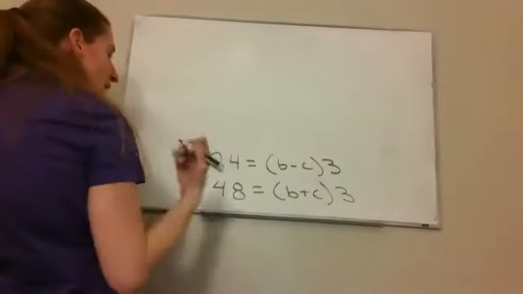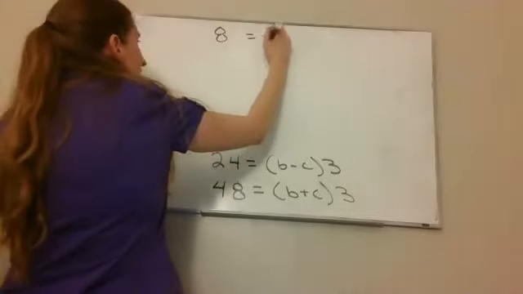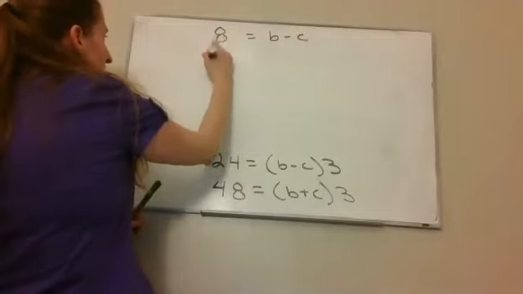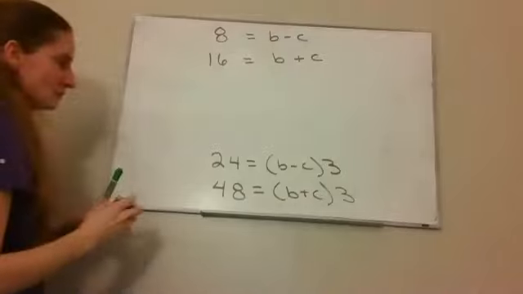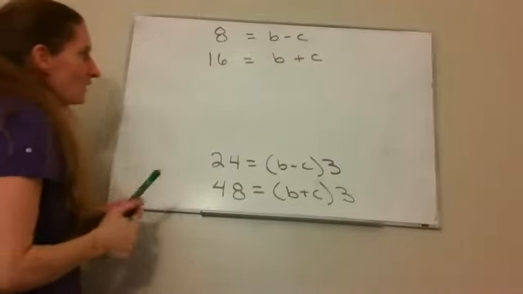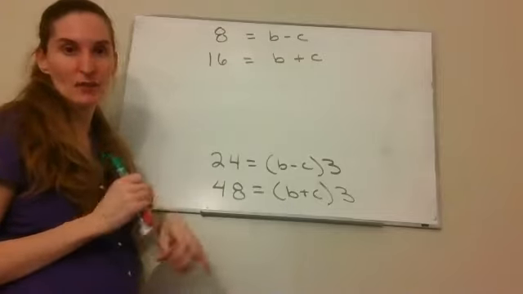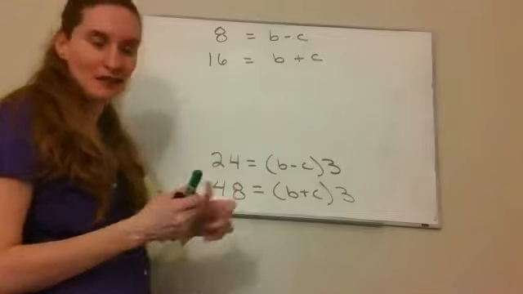So if I divide both of my equations by 3, I get 8 is B minus C, and I get 16 is B plus C. Now, this is already set up beautifully for the elimination or addition method, because notice I already have opposite coefficients on my C's.